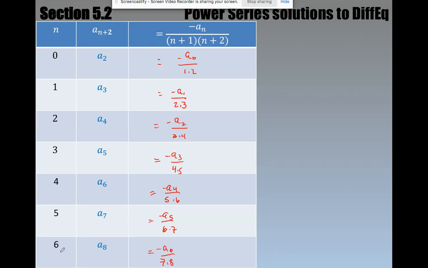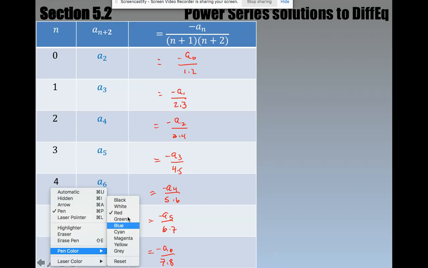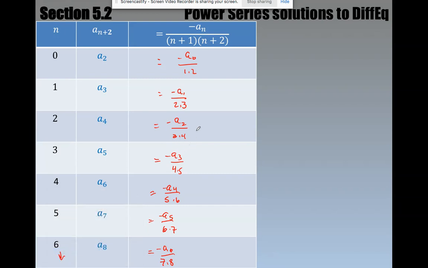And again, if I need more rows, I'll make them to see my pattern. So this time it's a second order, so I want to try to get everybody in terms of a sub 0 and a sub 1.